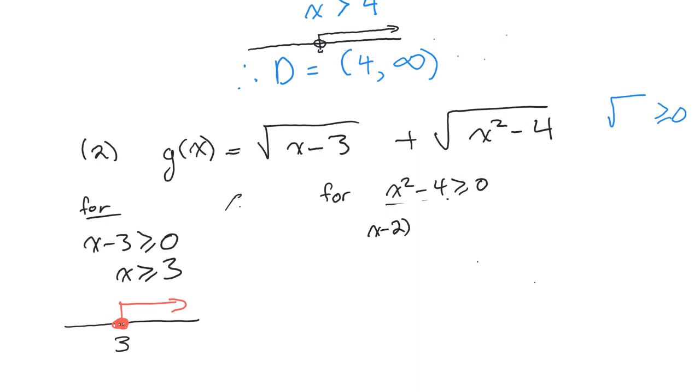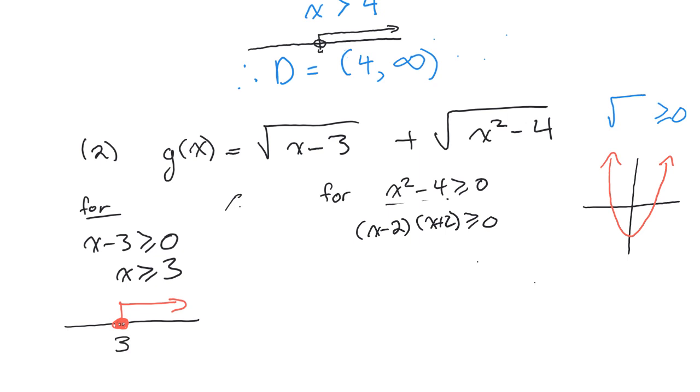So we have x minus 2 and x plus 2, which is greater than or equal to 0. Now, I'll show you a quick trick. When you have a quadratic like this, you can easily figure out what the values are. Imagine you have the equation y is equal to x squared minus 4. So that's what that would look like.